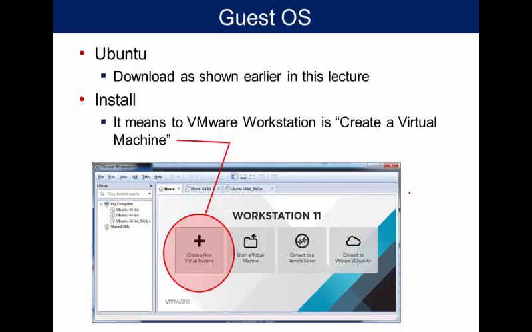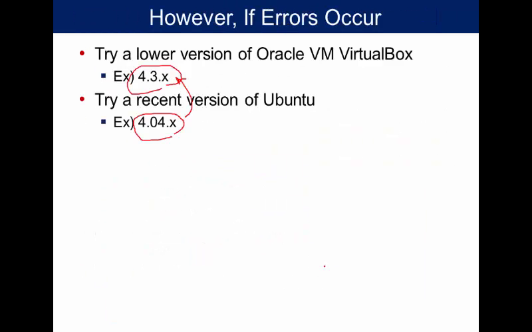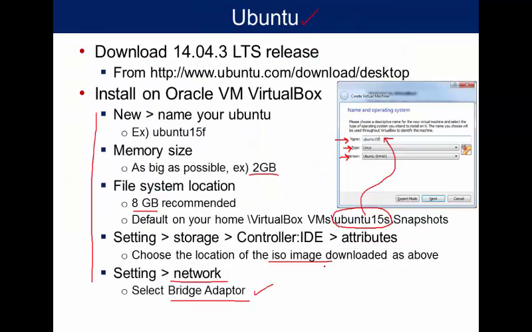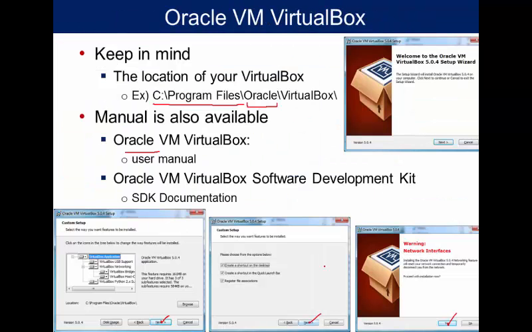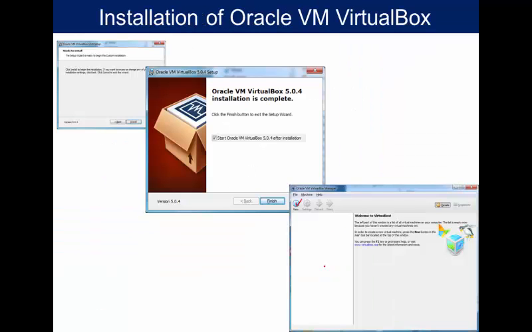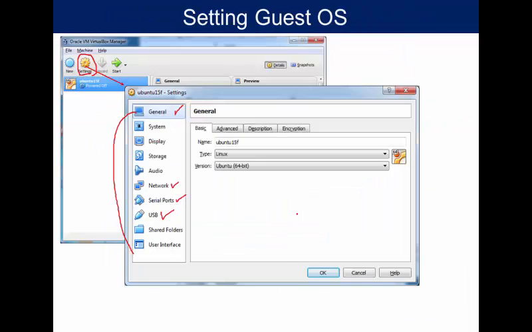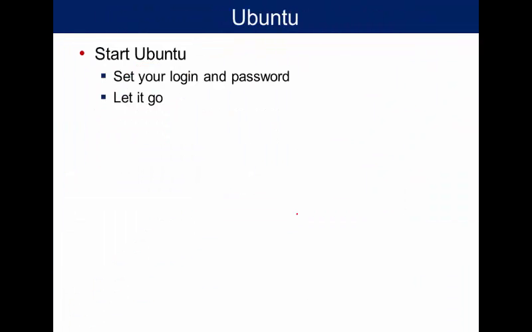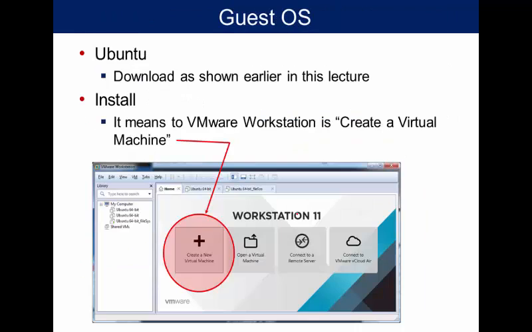If you compare this window with the Oracle version, in Oracle here there is a New button, right? By clicking this New button, you can install new guest operating systems. That is the Oracle version. But if you use the VMware Workstation version, then it's more clear.